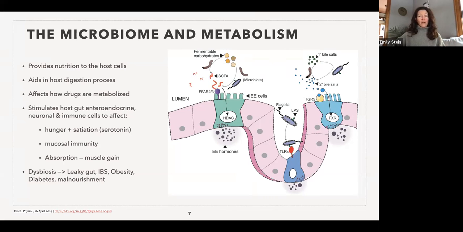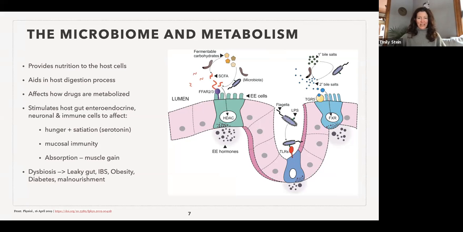So they secrete, now it's been tabulated, over 100 different molecules that stimulate these enteroendocrine cells in the GI tract. And those are the ones that make the serotonin. So about 90% of an animal's serotonin production actually occurs in the gut, 10% in the central nervous system.